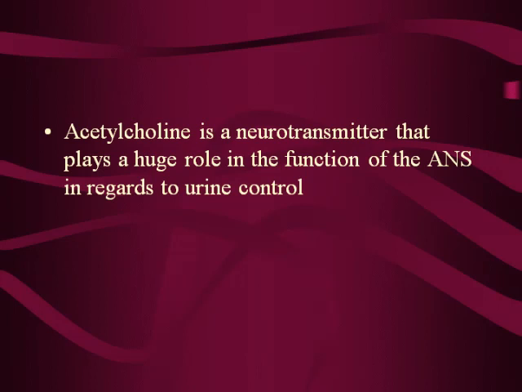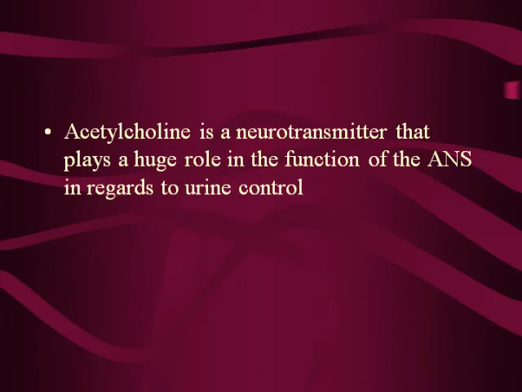Now, acetylcholine is a very important neurotransmitter that plays a huge role in the function of the autonomic nervous system in regards to urine control. Something that's not listed on this slide but that you need to know is that the pontine micturition center, or the pontine urination center in the brain, is somewhat like the director or the coordinator.